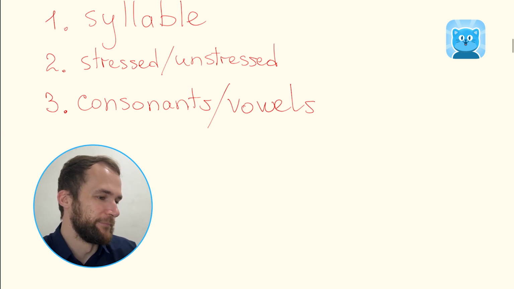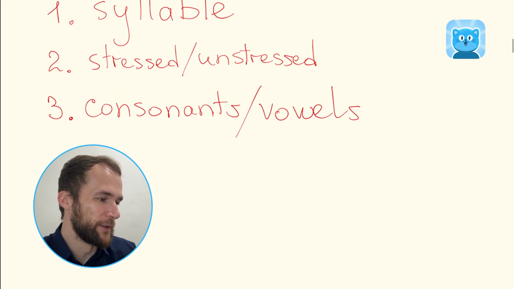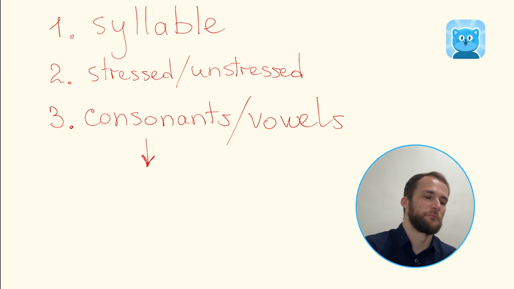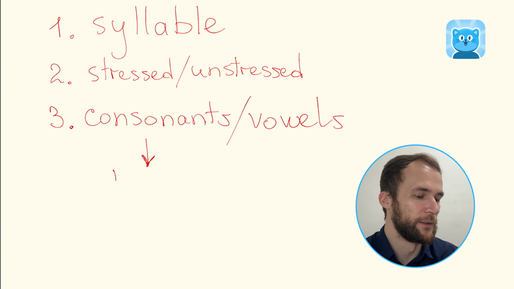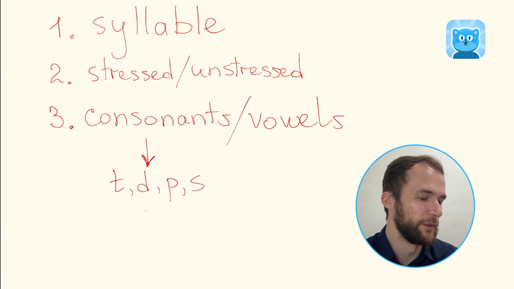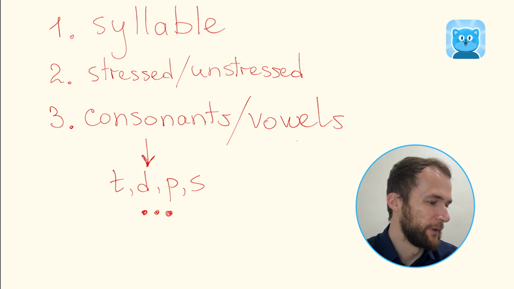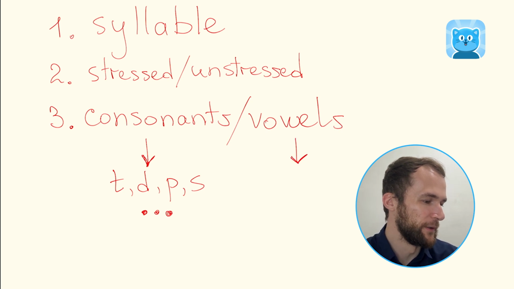Let's just start with consonant and vowel sounds. Consonant sounds are sounds like t, d, p, s, and so on. Those are consonants. And vowel sounds are the sounds like a, or o, or u, and so on.